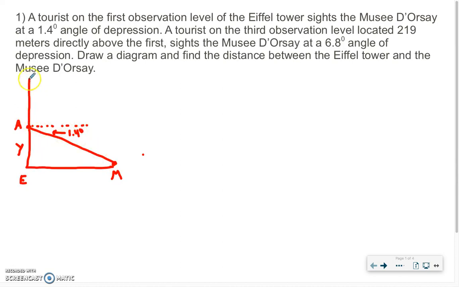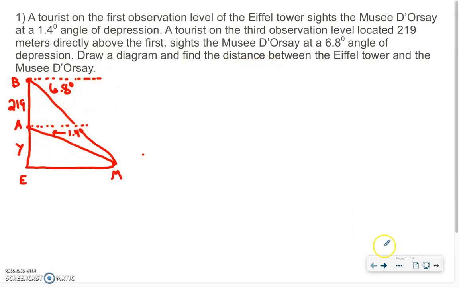And then at a different spot, we'll say B here, we now look down at a 6.8 degree angle, drawing our original line of sight to 6.8 degrees. And we know the distance between A and B is 219 meters above the first. So what I'm looking for is for you guys to give us a diagram, what we're doing, and process the information.